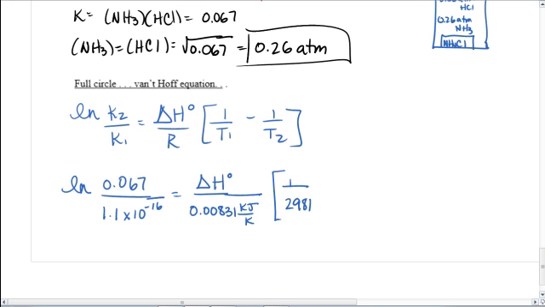So 298 Kelvin for the 25, 573 Kelvin for the other. And in doing this now, we can actually solve for delta H. And when you do that, you get positive 176 kilojoules. Which is what we started with in the beginning when we said it was endothermic.